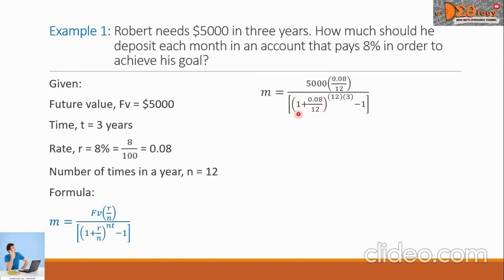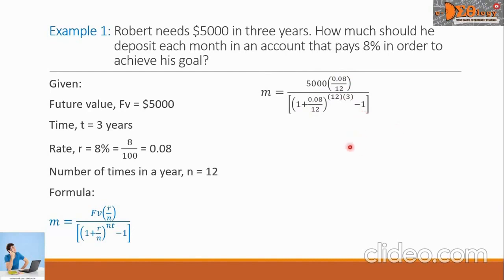So we have 1 plus that 0.08 over 12. And this binomial is raised to the power nt. N becomes 12 now, and t is 3. And then the minus 1 is a constant.